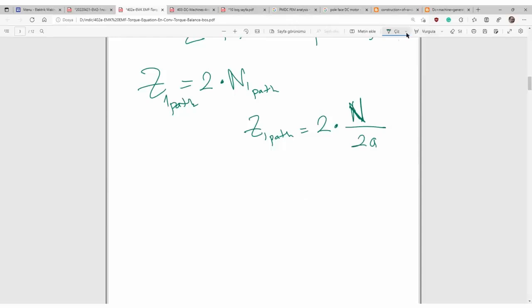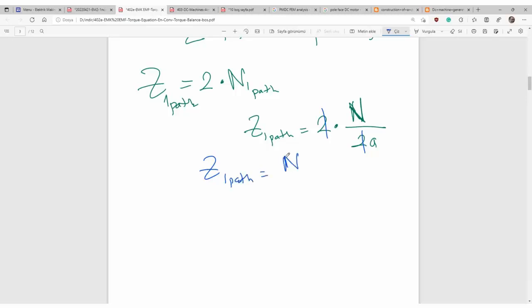So as a result, those two are eliminated. The number of conductors in one parallel path is equal to the total number of conductors over the number of parallel paths.